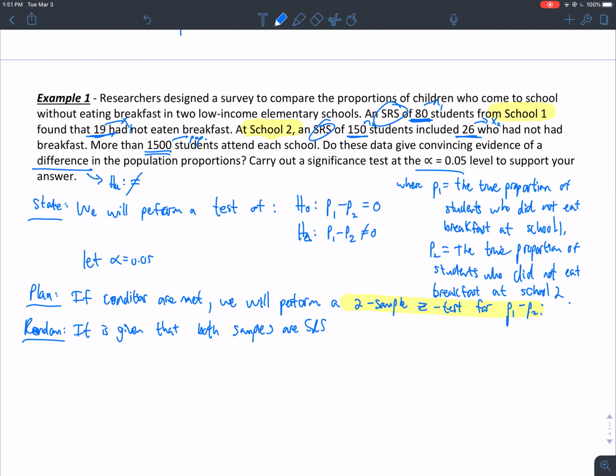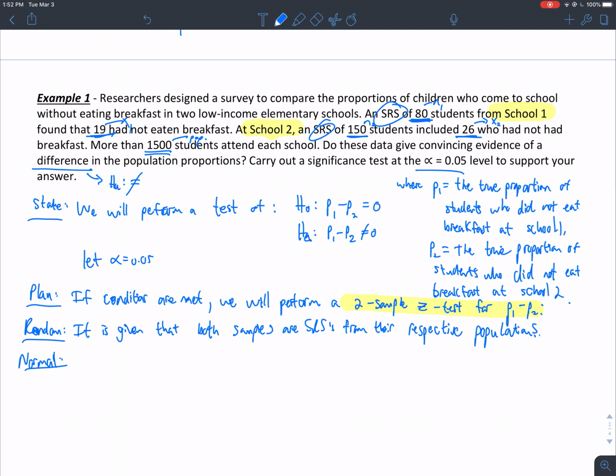Are SRSs from their respective populations. Okay, so that's fine, normal. Again, I'm checking each sampling distribution for normality, and then we're assuming that the difference is also normal because we know that from what we did in chapter 7.